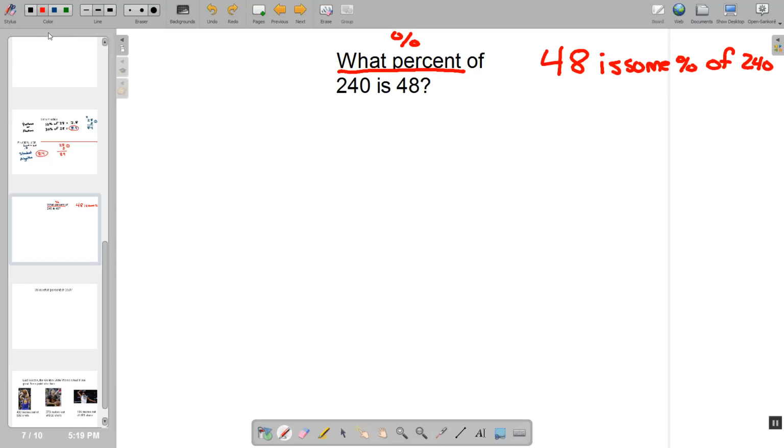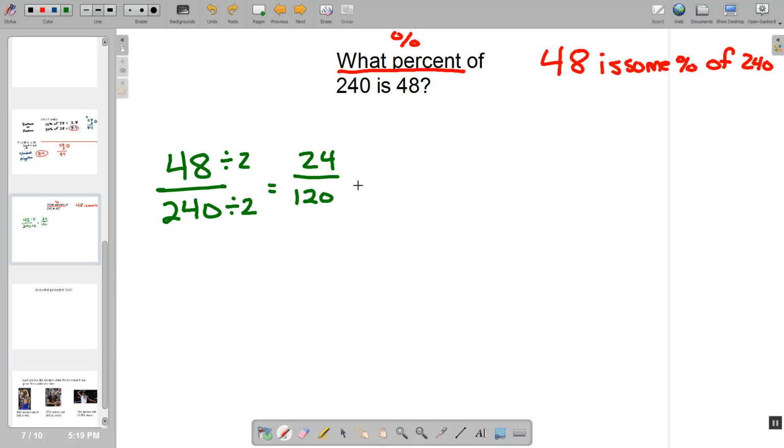Therefore, what I'm going to do is set up the fraction 48 over 240, and then I am going to simplify this fraction and turn it into a percentage. Both of these numbers are divisible by 2, so I'm going to start there. If you're ever unsure of what numbers to divide first with fractions, 2 is an excellent starting point.